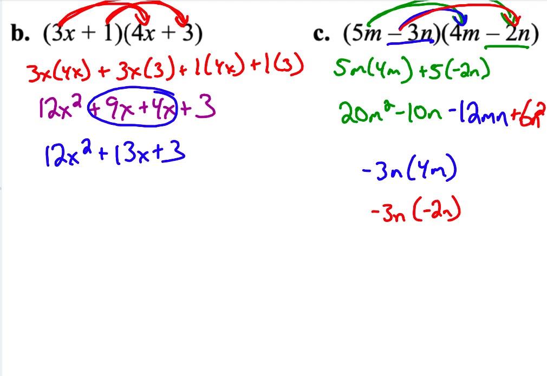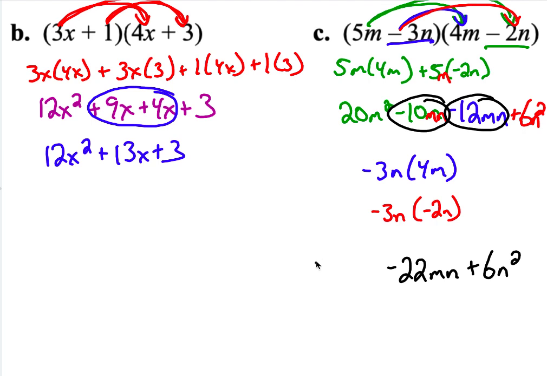Okay? Oh, I totally missed it up here. My apologies. This should have been 5m times -2n, so this should have been -10mn. All right, my bad. So -10mn plus -12mn is -22mn plus 6n squared and the 20m squared out front. So we're just multiplying those pieces together.